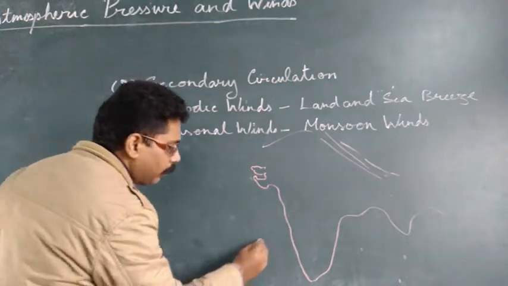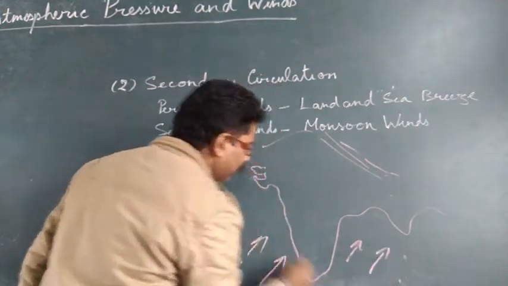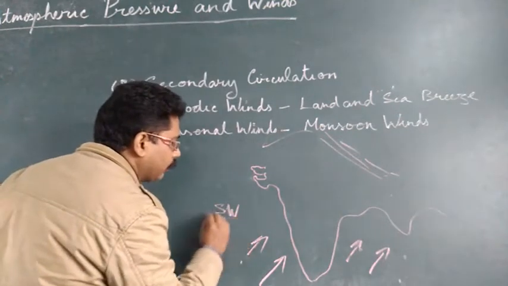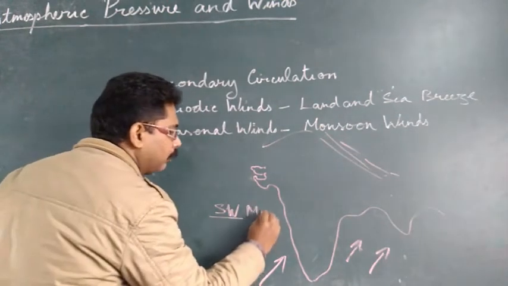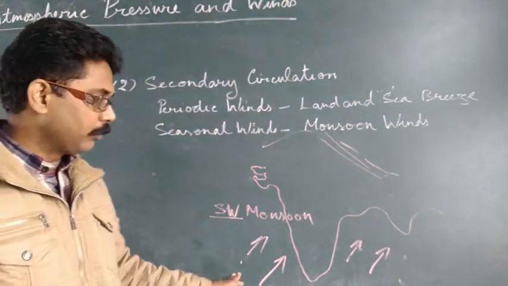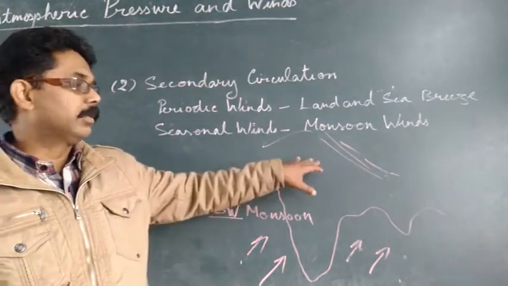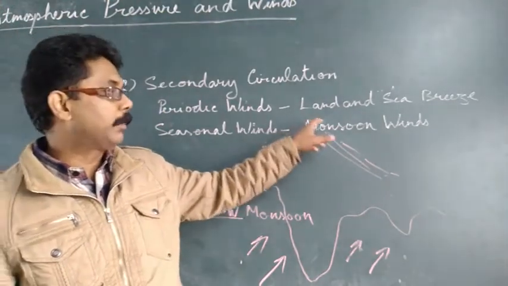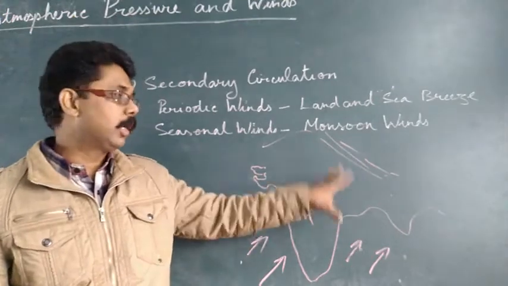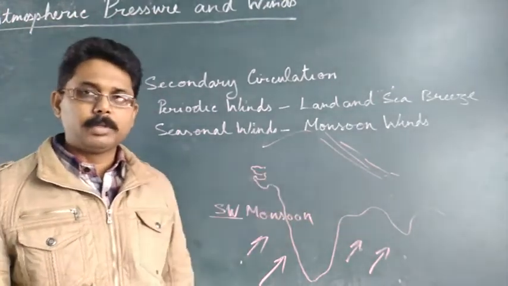The wind blows from the southwest direction, and that's why they are called southwest monsoon. It carries moisture from the Bay of Bengal and the Arabian Sea and brings rainfall to India. These winds are trapped by the Himalayas, and this is how our country receives such good rainfall.